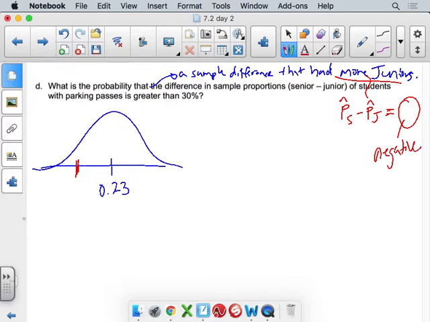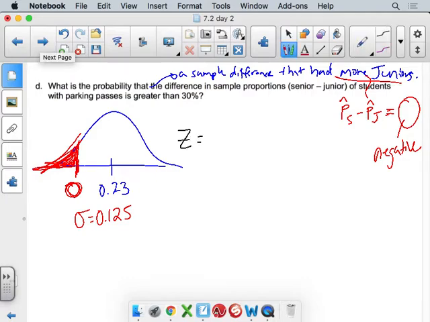So juniors are more, which means 0 and less is my cutoff. Anything less than 0 is my cutoff. So I'm trying to find all the values in this problem with a mean of 0.23 and a standard deviation of 0.125. How many are 0 or less? What's the probability?